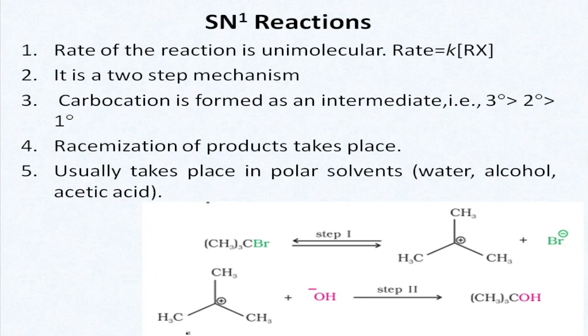The SN1 reaction is a two-step process. Step 1, for example CH3 3 C-Br: the C has a delta plus and the Br has a delta minus, and this bond breaks. When the bond breaks, Br minus leaves and the C becomes C plus.